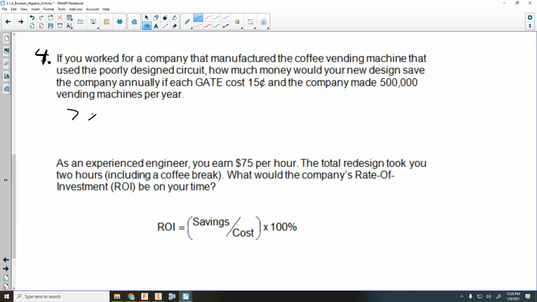Well, 7 times 15 cents times $500,000 minus 3 times 15 cents times $500,000. How much money did you save?